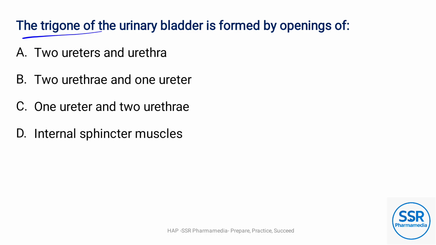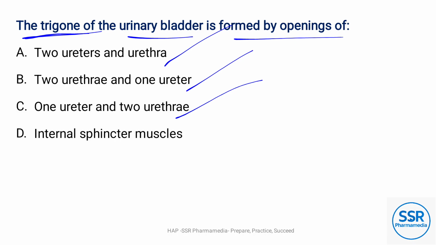Next, the trigone of the urinary bladder is formed by the opening of option A, 2 ureters and urethra; option B, 2 urethrae and 1 ureter; option C, 1 ureter and 2 urethrae; option D, internal sphincter muscles.